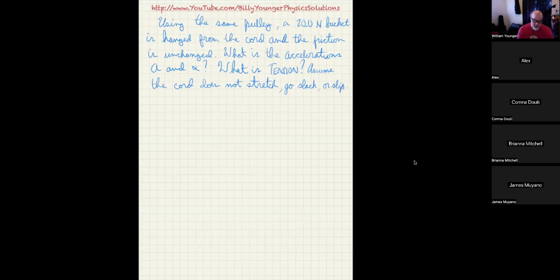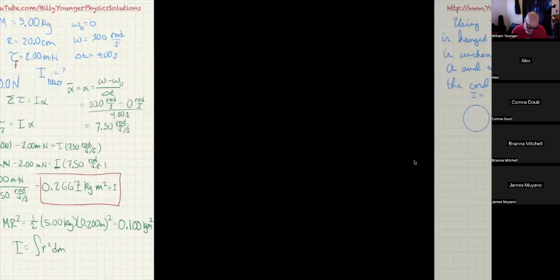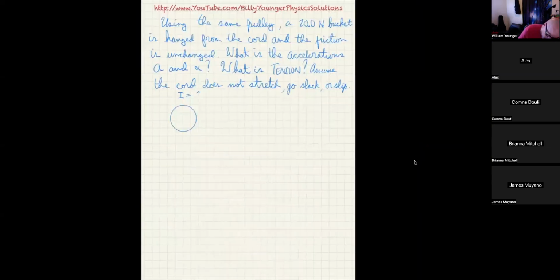Okay. So we basically have the same scenario, but there's a minor difference. So let me draw the diagram here. Again, we have a moment of inertia that's equal to, what did I get for the last answer? 0.2667 kilograms meter squared.